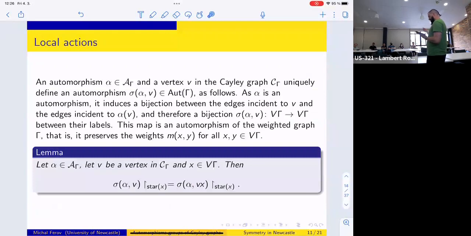There are some concepts that we use. The first concept is the idea of local action. If I have some automorphism of the Cayley graph, I can pick a vertex and take a look at what is happening just around that vertex.